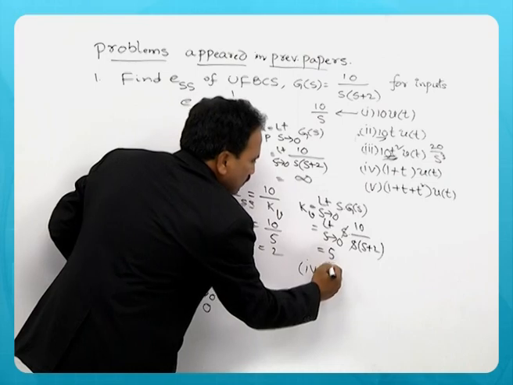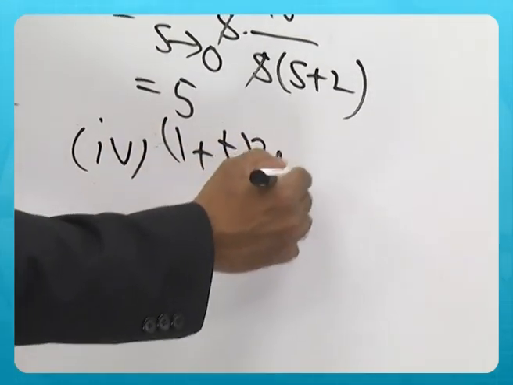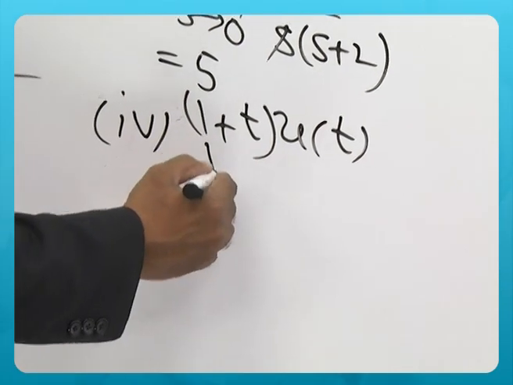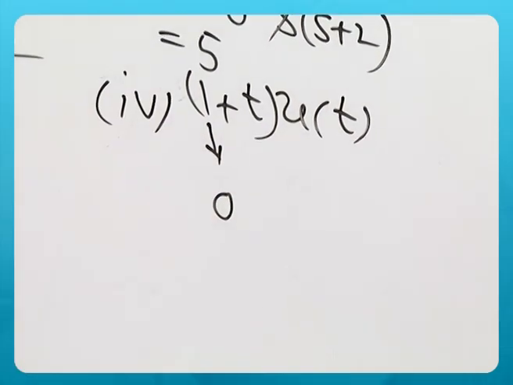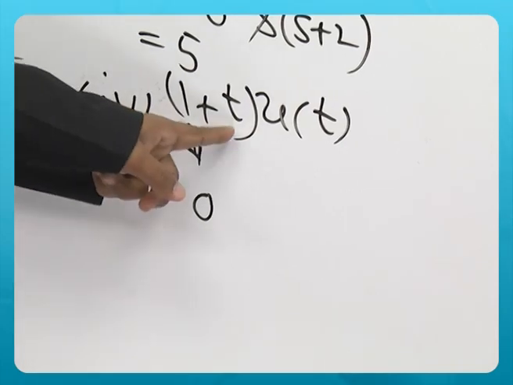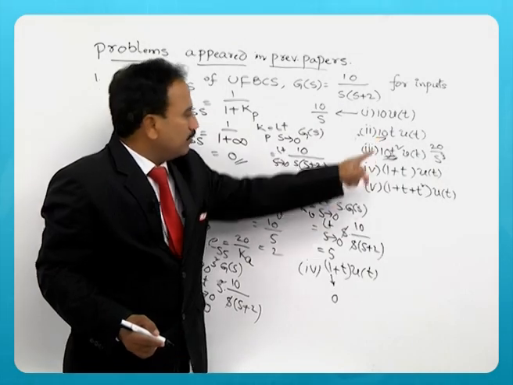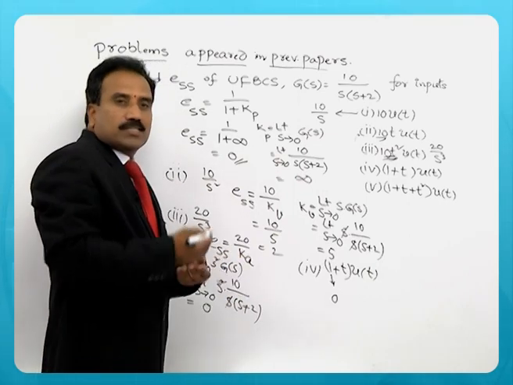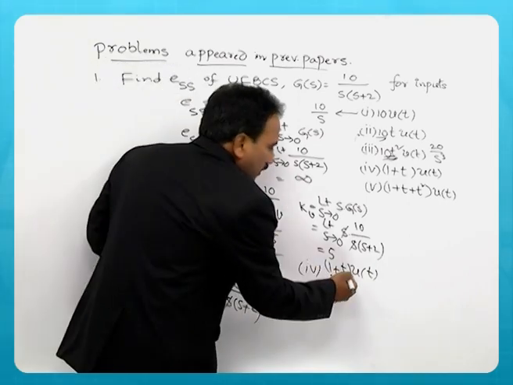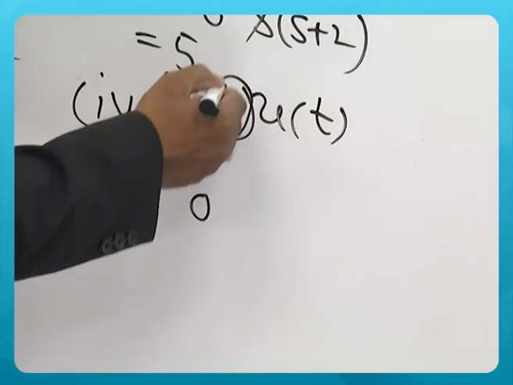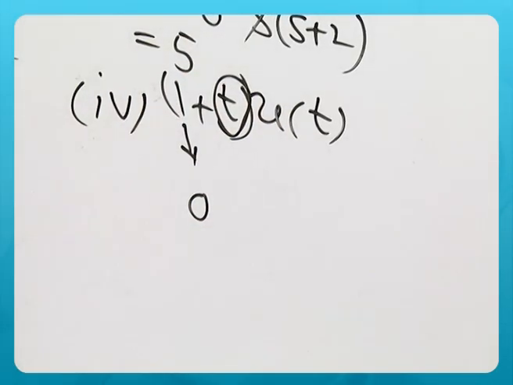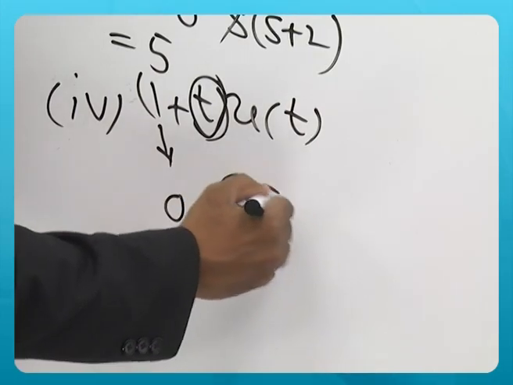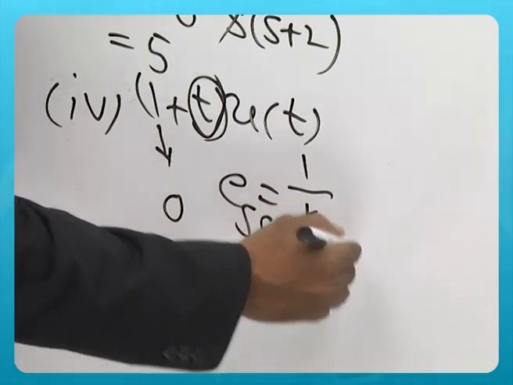So, for this (1 plus t) u(t) combining step and ramp, for the first part the steady state error is 0 anyway, and the second one is t. It is not 10 t, but simply t, whose Laplace transform is 1 by s square. So, the steady state error for this part of the signal is ESS equal to 1 by Kv.